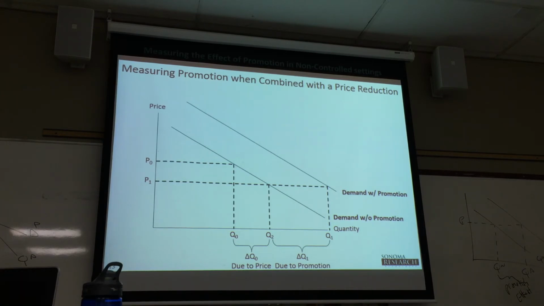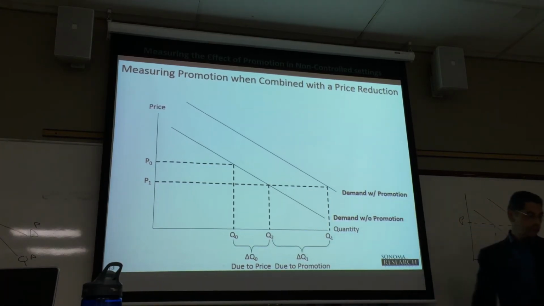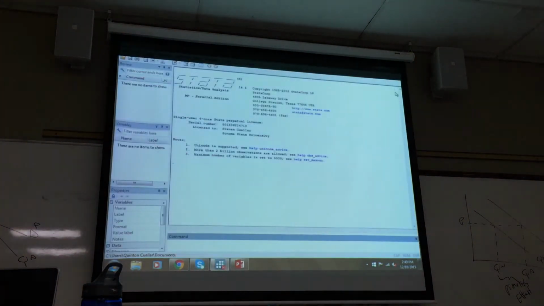Even though it's got the parallel lines, it's the decomposition that's going to matter. How do we get this point here? And we have a mechanism for doing that. It's called regression analysis.